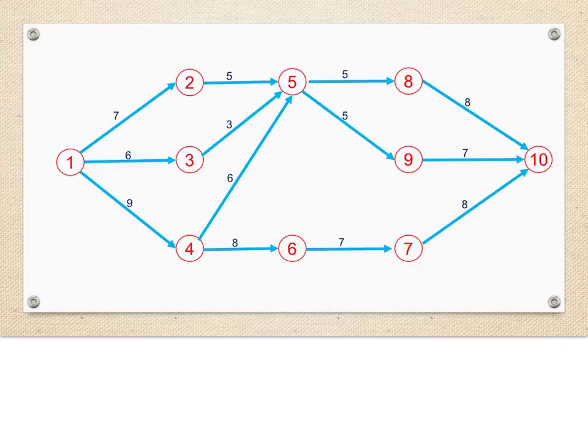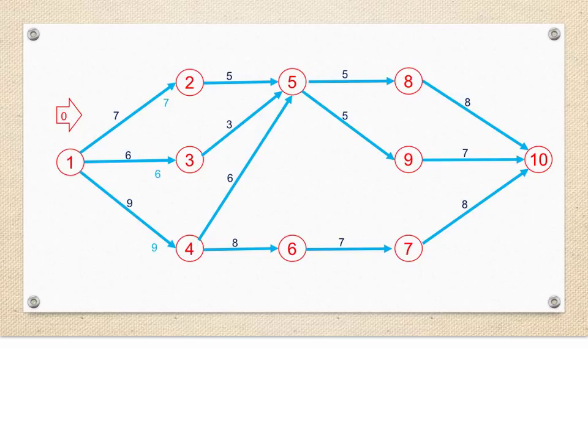So let's try a more complex arrow diagram. All we really know about this arrow diagram is the flow of the tasks and events and the durations of each task. We start with an earliest start time of event 1 of 0 days.